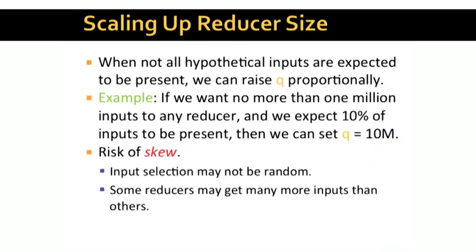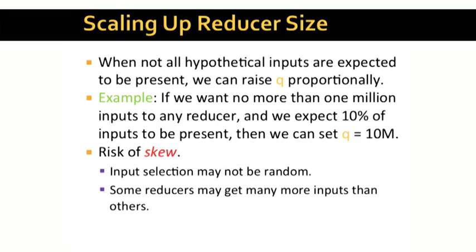We have to be a little careful. As long as the problem inputs are chosen independently, then we can expect each reducer to have close to the average number of inputs, and we'll be okay. Maybe you want to set Q a little lower than 10 million to account for the fact that there will be some statistical variation, and we don't want any of the reducers to get more than 1 million inputs.